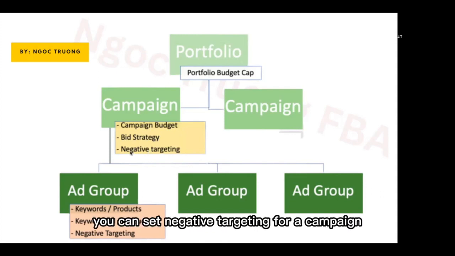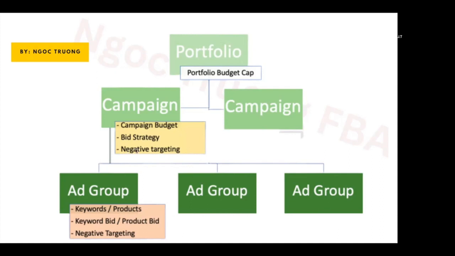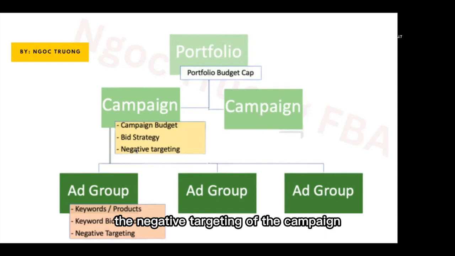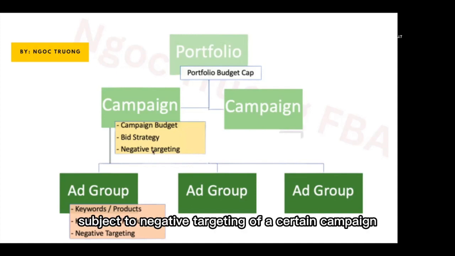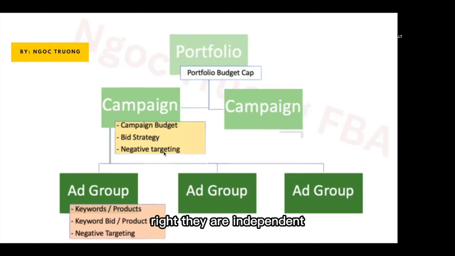And thirdly, you can set negative targeting for a campaign. That means all of the ad groups within that campaign will be subjected to the negative targeting of the campaign, whereas other campaigns within the portfolio will not be subjected to the negative targeting of a certain campaign, right? They are independent because they are at the same level.